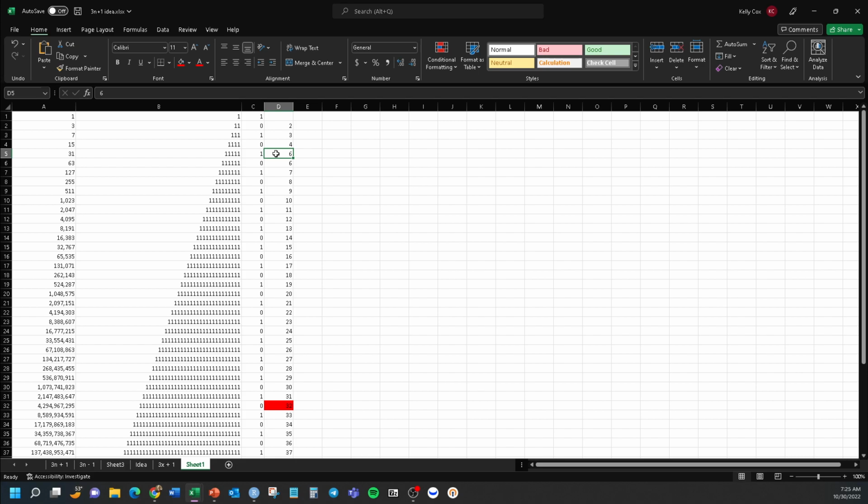31 is the smallest number that does a 5-step climb out of the gate. 27 and 41 are tied to it. 27 is actually a smaller number than 31, but 31 is the climb. That's where the climb starts and goes 5 steps up, but then it cycles around and hits 319, and that one goes up 6 steps.